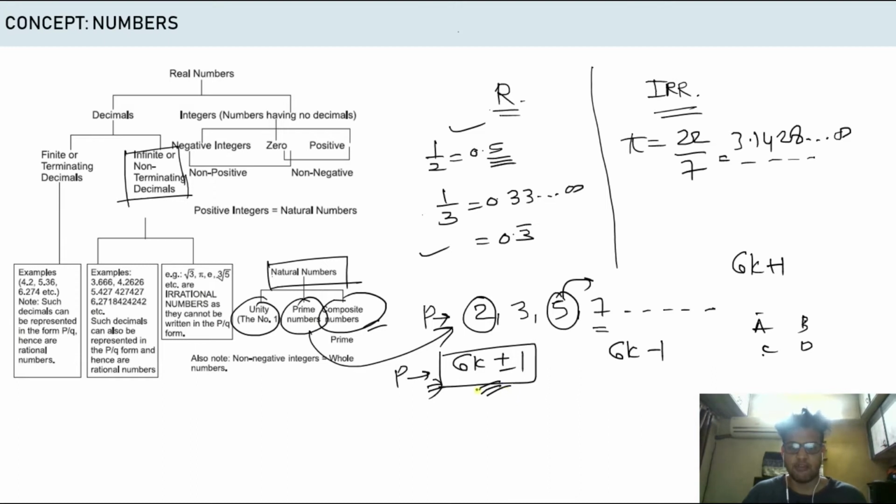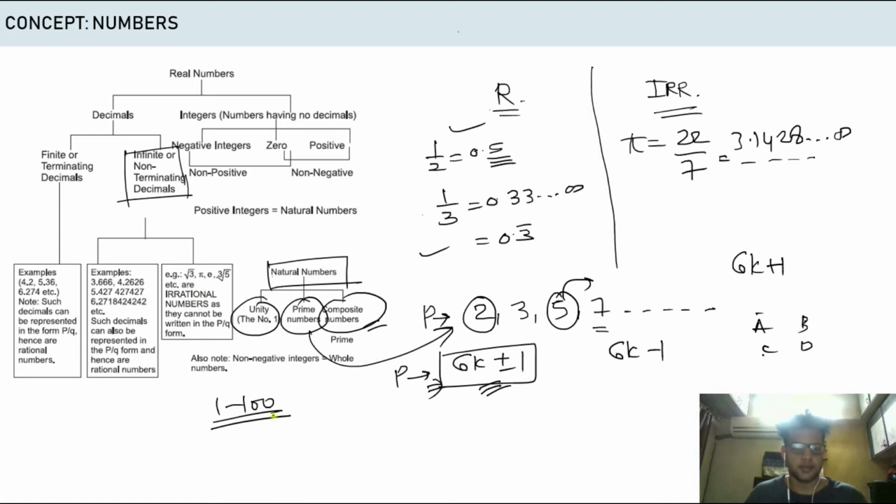That means if a number satisfies the 6k plus or minus 1 form, that number does not necessarily have to be a prime number. Hence, this is not a selection criterion, this is an elimination criterion. All the prime numbers have to be of the form 6k plus or minus 1, but the reverse is not true.